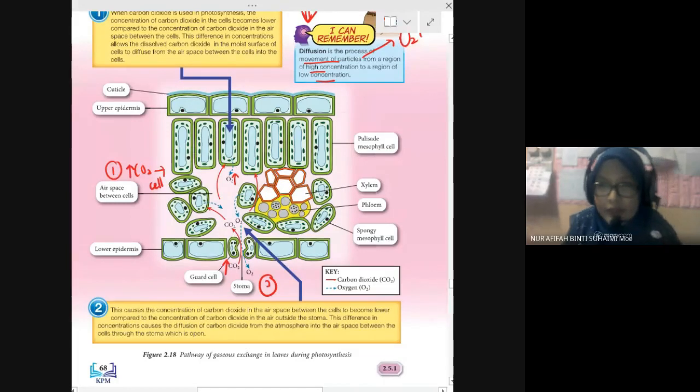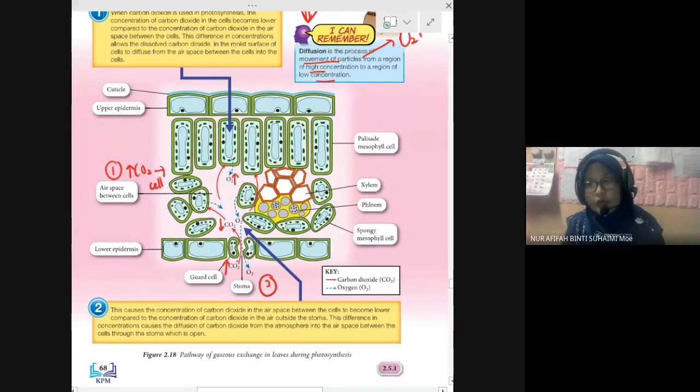So the carbon dioxide outside the leaf will enter the leaf through diffusion, through the stoma.